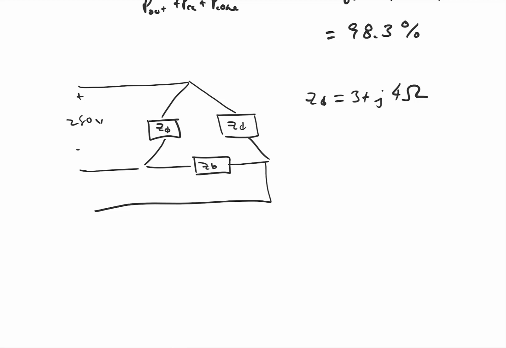And so this is a 208 volt power line that we're tied to here, and we want to find the phase current and the line current. So here's IL, and here is an example of one of the phase currents. This is 208.